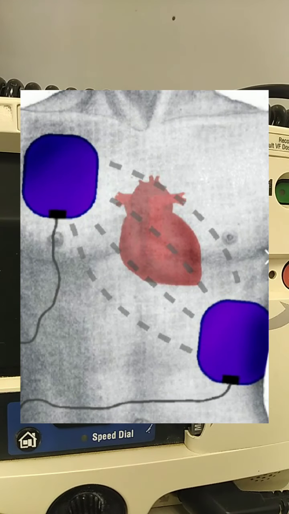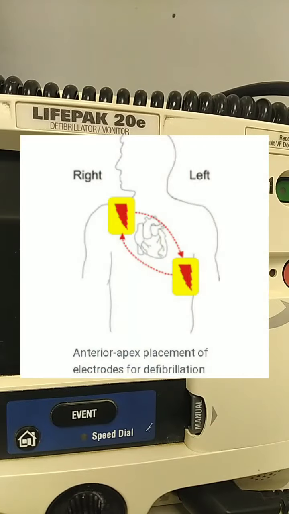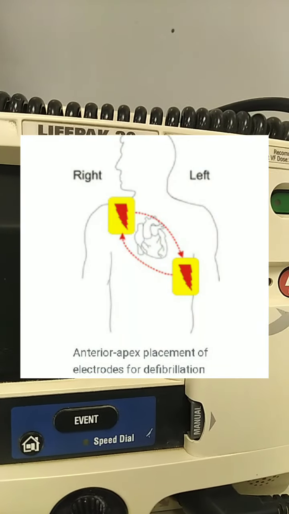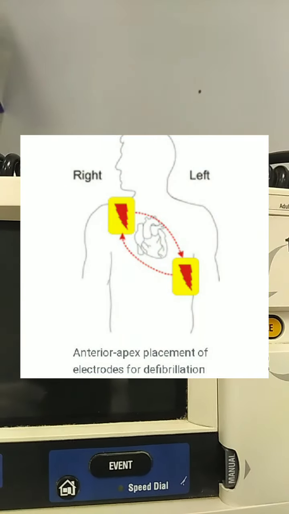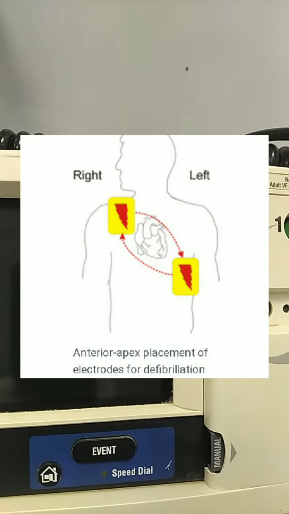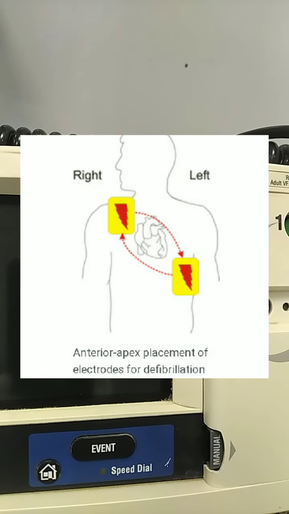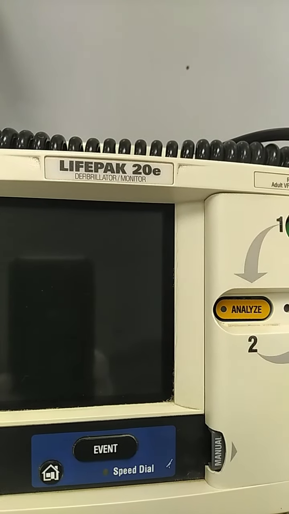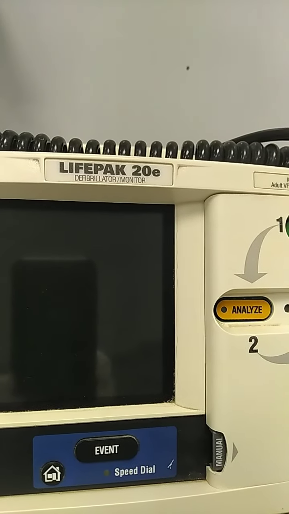Place the anterior pad just to the right of the sternum, below the clavicle, at the second or third intercostal space. Place the lateral paddle below the left nipple, just medial to the anterior axillary line, in the 5th to 6th intercostal space.